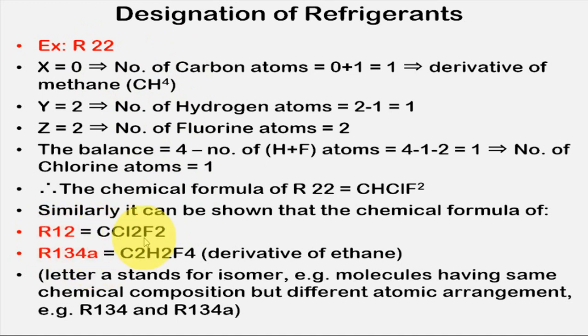Then you get the chemical formula for R12 as CCl2F2, and for R134A the chemical formula is C2H2F4, where the letter A in R134A stands for isomer. An isomer is a molecule having the same chemical composition but different atomic arrangement.